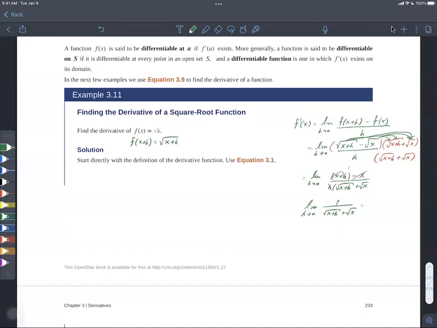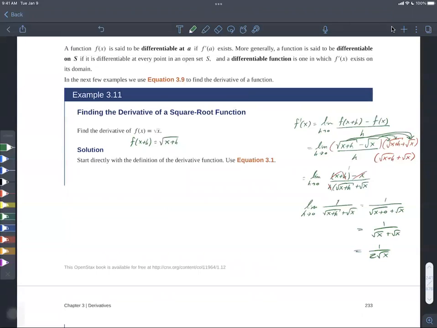Now we can do the limit as h approaches 0 with direct substitution. This is the square root of x plus 0 plus the square root of x, which is equal to 1 over twice the square root of x.